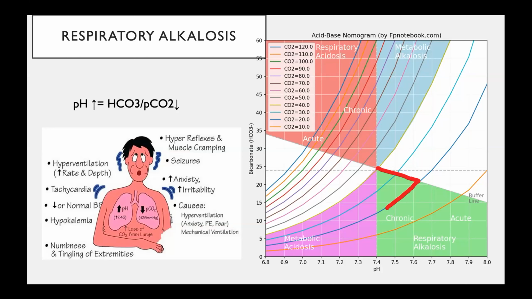Ultimately, the patient will end up with respiratory alkalosis. So what is happening in the nomogram? Where pH is normal, once the carbon dioxide goes down, you can see the blue line of carbon dioxide is 20 by washing out. pH becomes high, that is alkalosis.